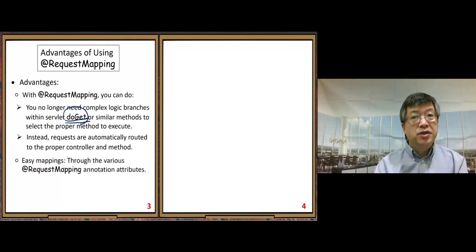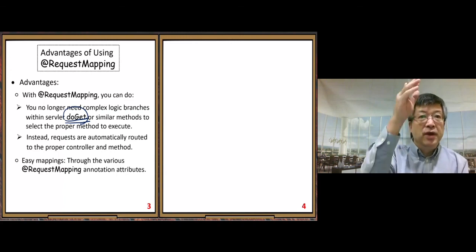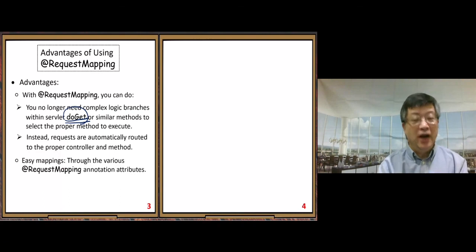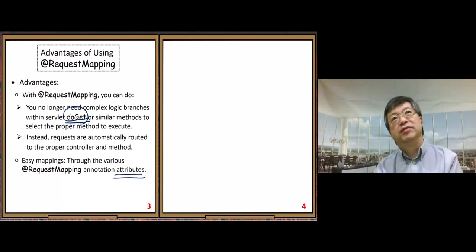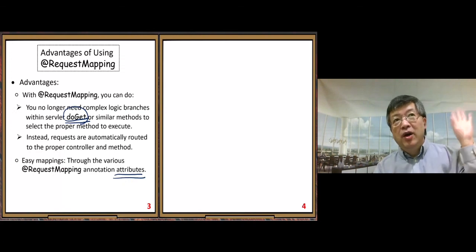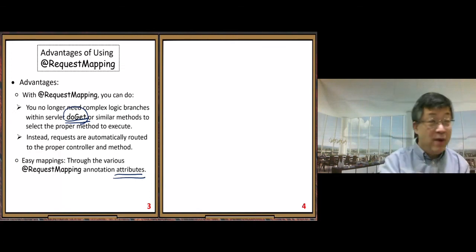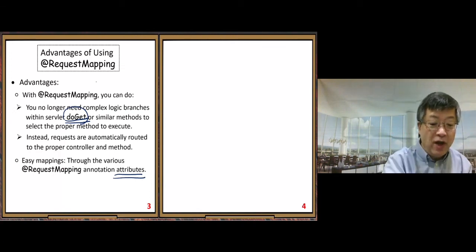Easy mappings through the various @RequestMapping annotation attributes. We haven't talked about that. In the previous few slides, we used the default attribute, value.